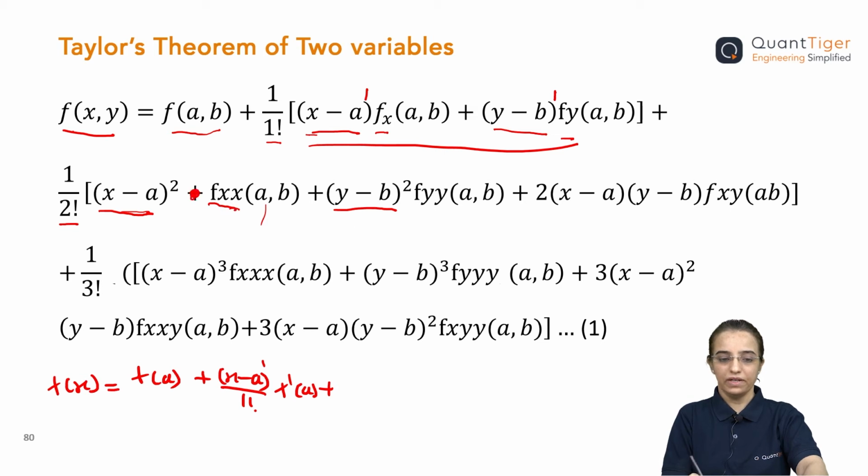Similarly, here this plus sign shouldn't be there, so it's just multiplication of this. Now plus this y minus b also has power 2, meaning we will be doing second order differentiation with respect to y, which I denoted by fyy at a b.